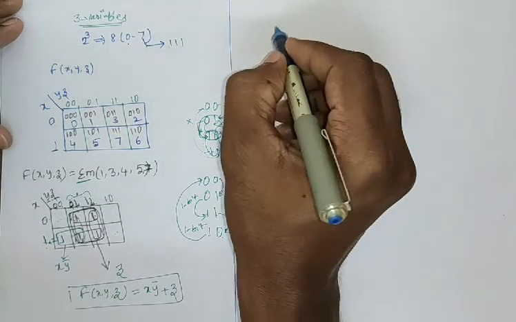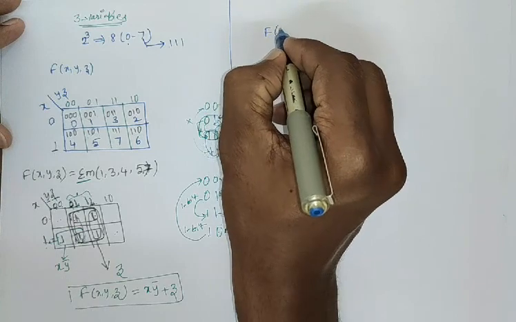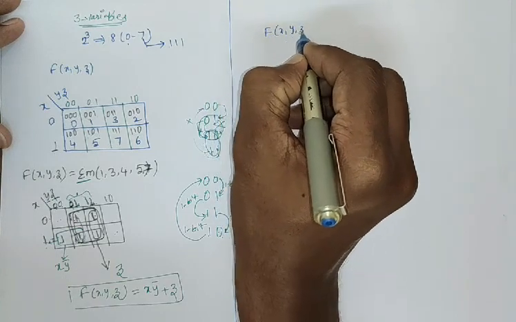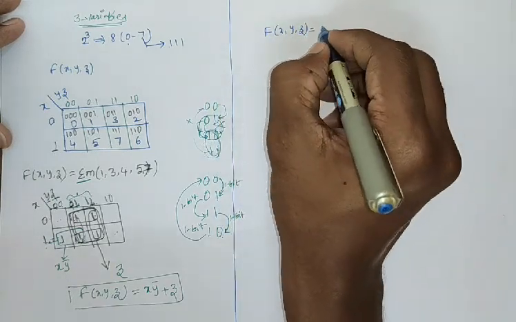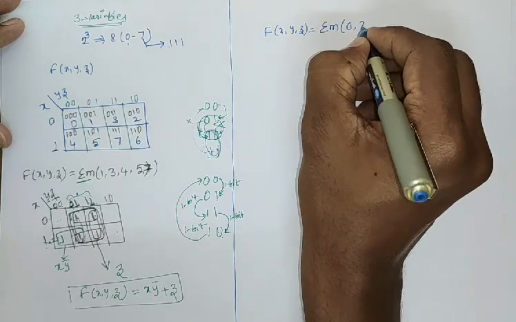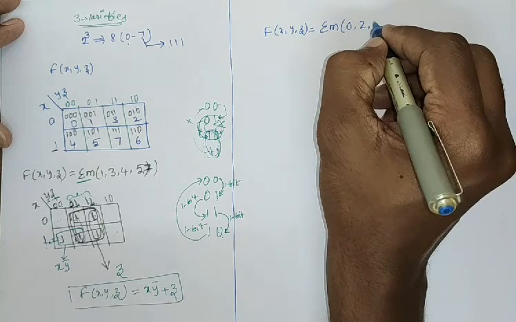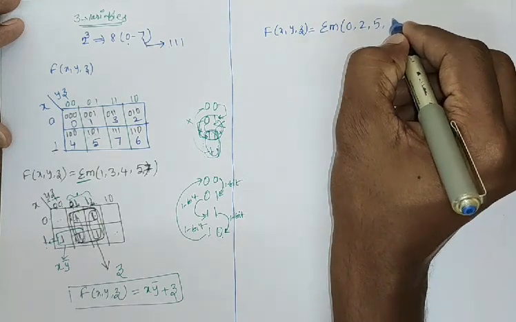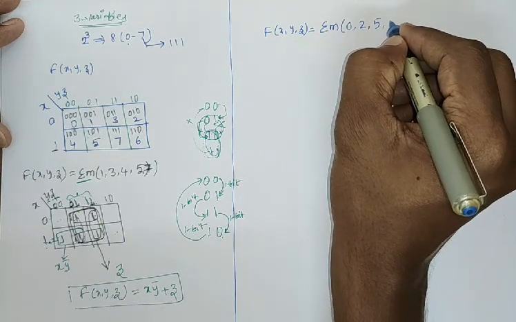So the function f of x comma y comma z is equal to summation m of 0 comma 2 comma 5 comma 6.